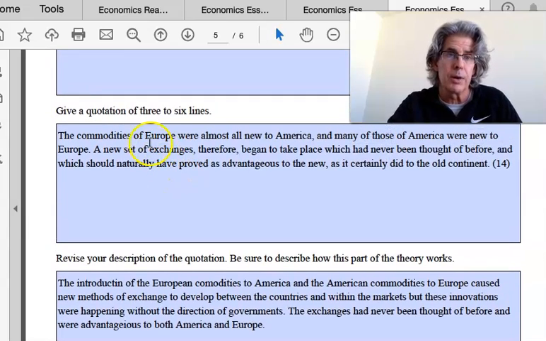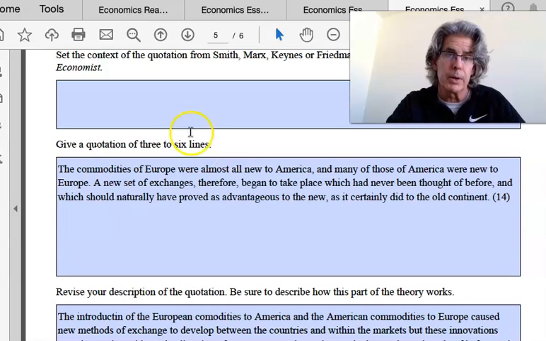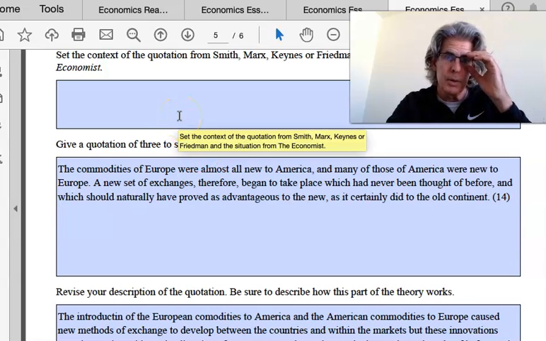I'll set the context. The commodities of Europe were almost all new to America, and many of those in America were new to Europe.